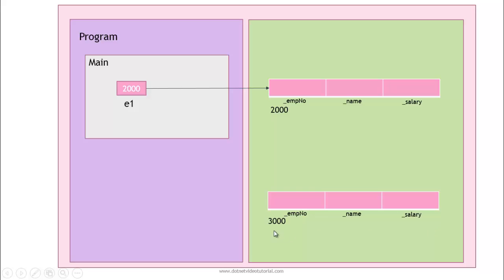But this object will remain as it is in the heap. So what is this object? An unreferenced object. And when the garbage collector executes on the heap, it will destroy this object.